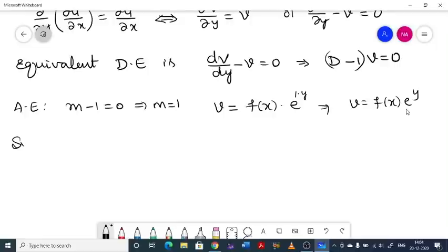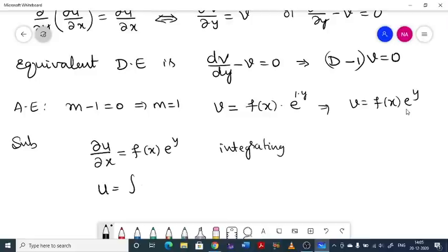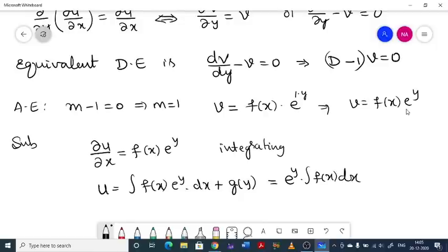Substitute for V. Basically I want u. So ∂u/∂x = f(x) e^y. I want u, so integrating, u = ∫ f(x) e^y dx + constant. Since I am integrating with respect to x, that constant should be a function of y. So you can write this as e^y ∫ f(x) dx + g(y).